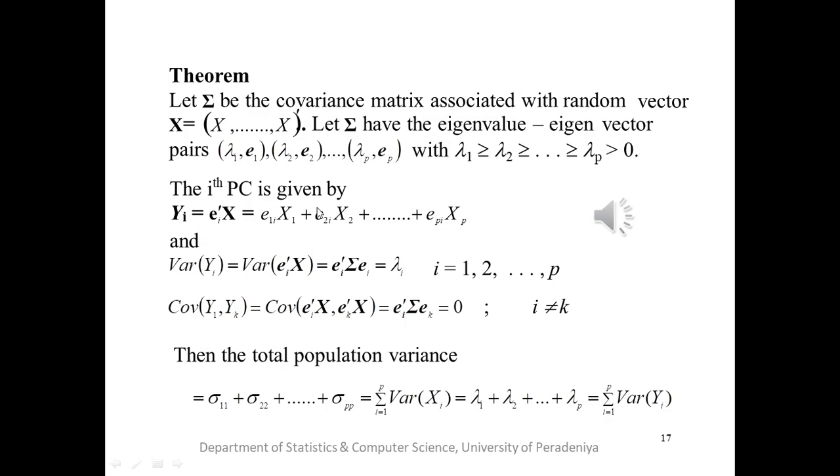Now, we can write the ith principal component yi as ei'x, and its variance is ei'Σei, which is equal to lambda i. The covariance between yi and yk is ei'Σek, which is equal to 0. To obtain the total population variance of the system, we can either use the sum of the variances of all x variables or the sum of the eigenvalues.